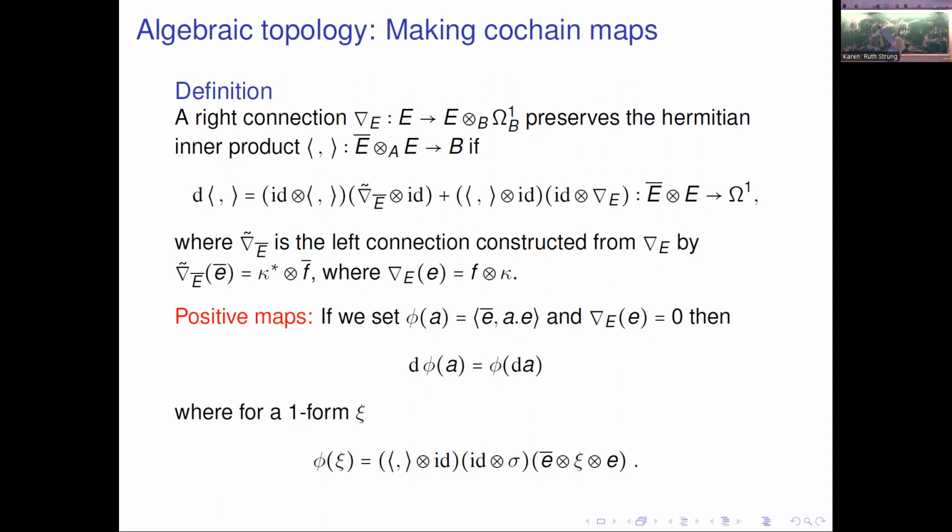And phi 1 for a one-form xi is precisely given by the sigma for the bimodule connection and this inner product. And we've now got the first square which we require for our mission in algebraic topology.